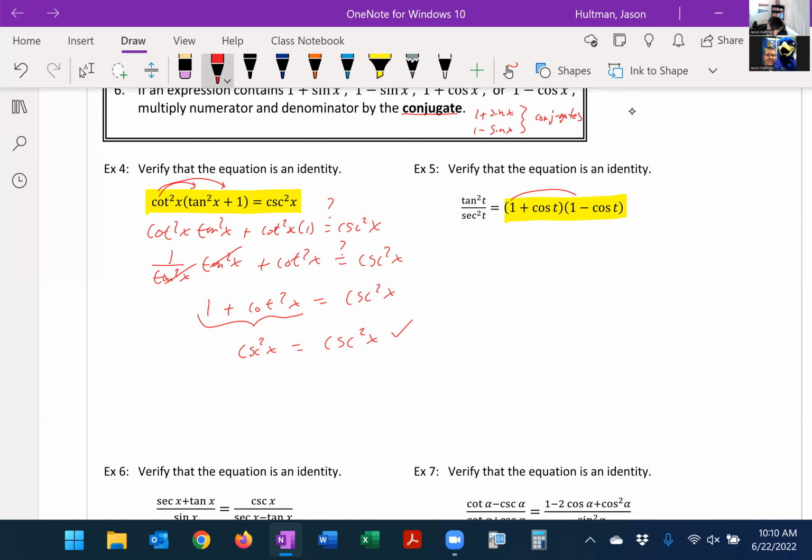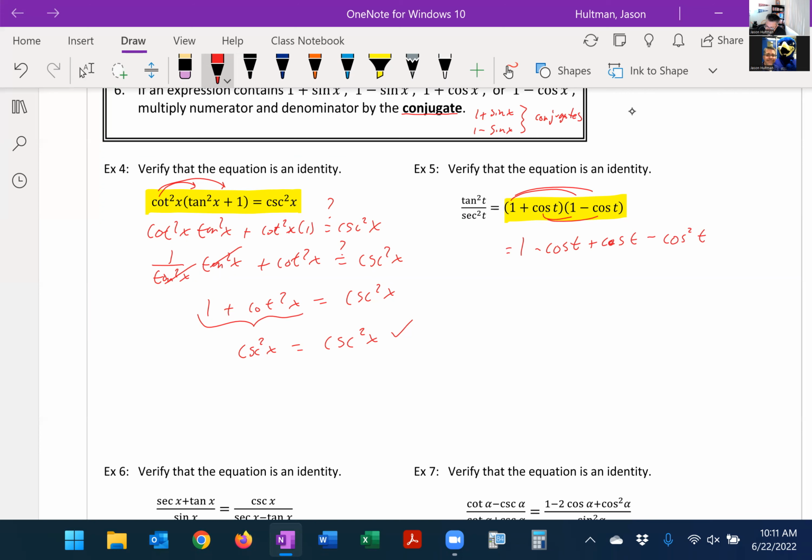When I FOIL this out, the middle terms cancel out. And so this becomes 1 minus cosine t plus cosine t minus cosine squared t. And so that's that side of the equation.